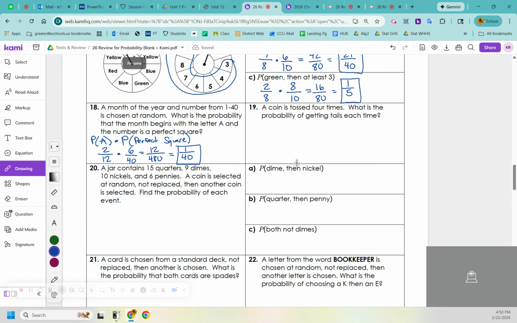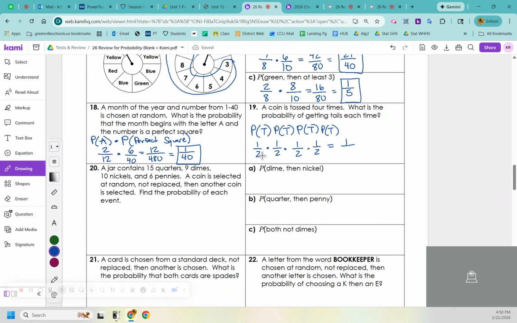Okay. A coin is tossed 4 times. What is the probability of getting tails each time? Well, flipping a coin does not depend on the other flips, so we need to know the probability of getting a tail 4 different times. Every coin is 2-sided, and there's 1 tail, so it's 1/2 for each flip of the coin.